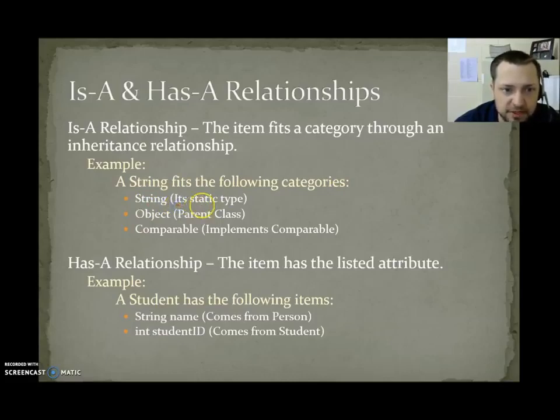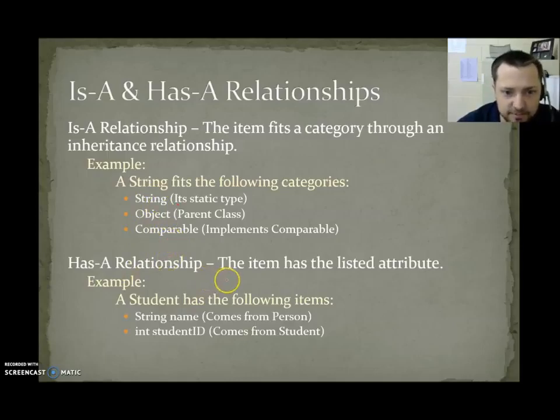So that's just the type something is. When you make a string, it's a string. Object would be the parent class of String. And String implements Comparable, so it also fits the category of a Comparable. It agrees to write all the methods listed in Comparable, so it fits 3 categories. A string is a string, it's an object, and it's a Comparable.